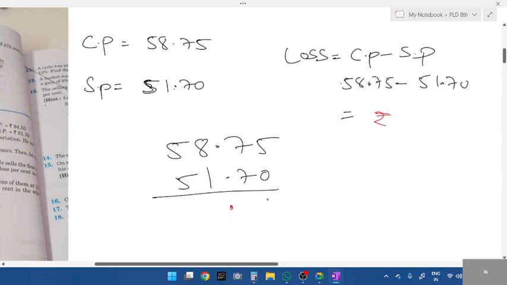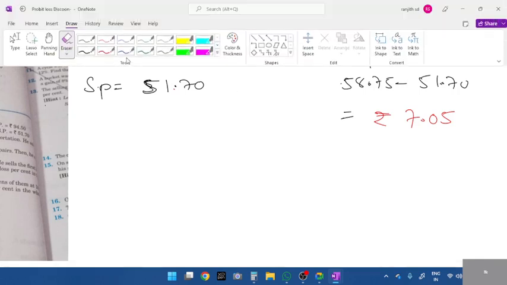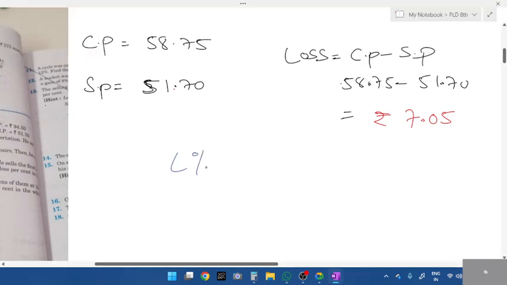What's the loss, students? 0.5. Okay, only this calculation part I'll teach you all. The remaining you can calculate. If it is a loss, will it be loss percent or gain percent? Loss percent, definitely.